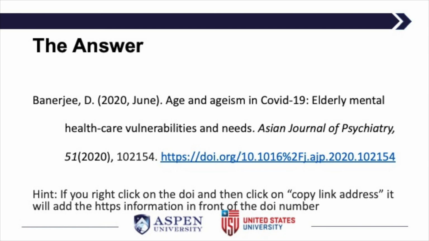If you're on the website and you want to copy and paste that DOI, if you right click on the DOI and then click on copy link address, it will automatically put the HTTPS information in front of the DOI number. So you don't have to try to recreate that. I found that helps out quite a bit.